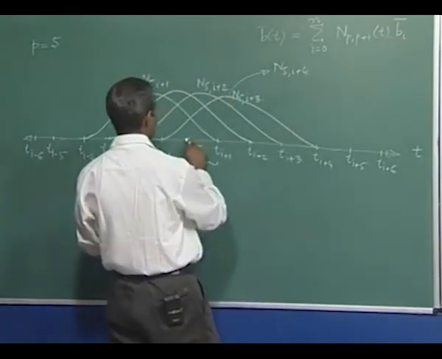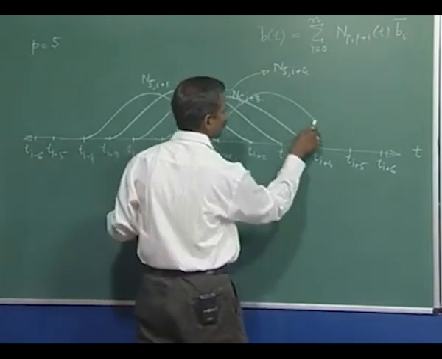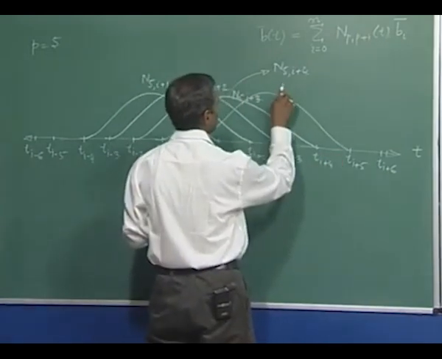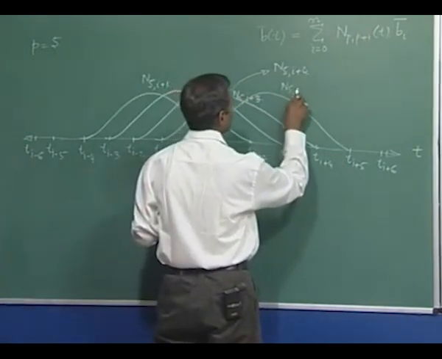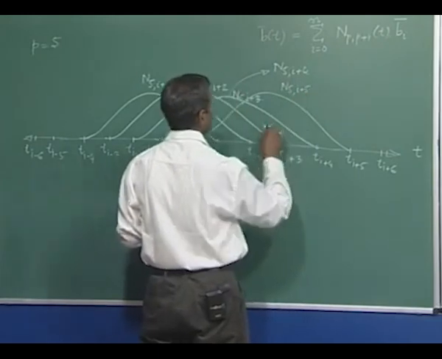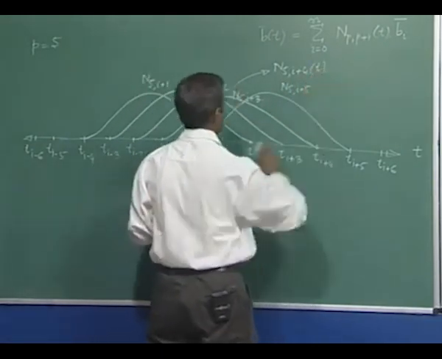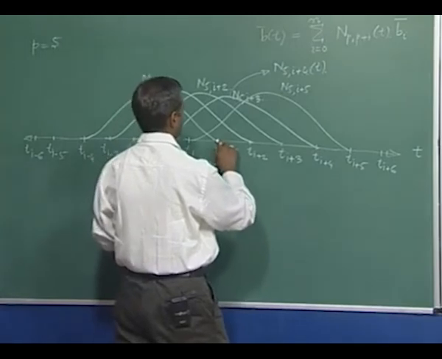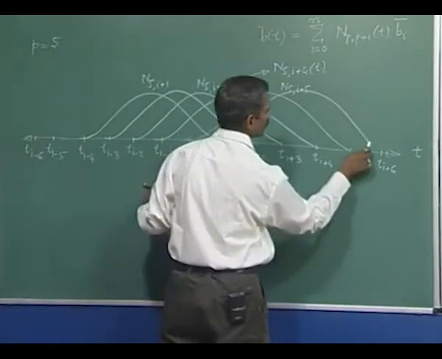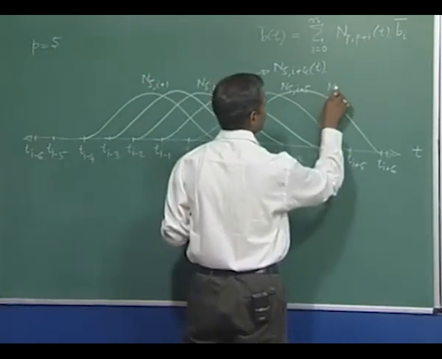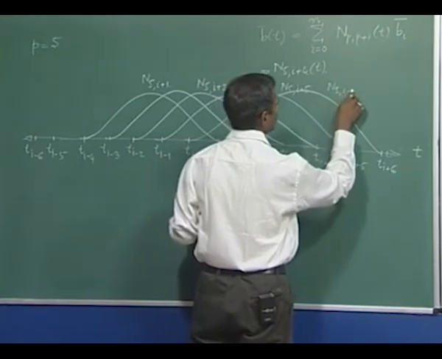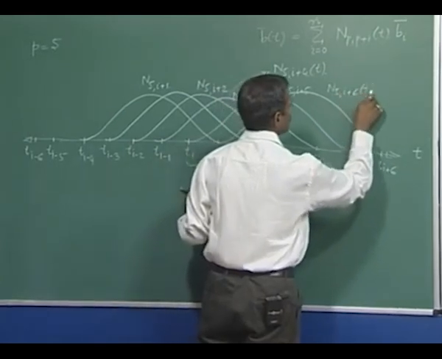The fifth one, N 5 i plus 5. All these are functions of t. The sixth one, N 5 i plus 6 of t, and so on.